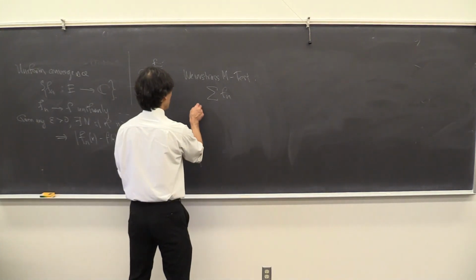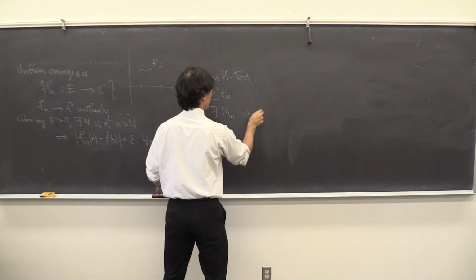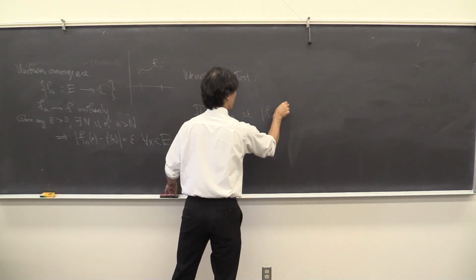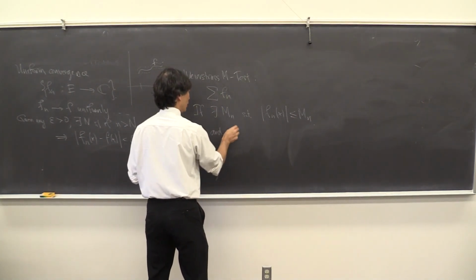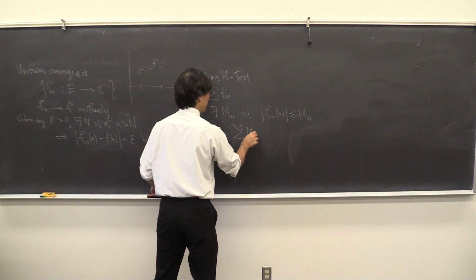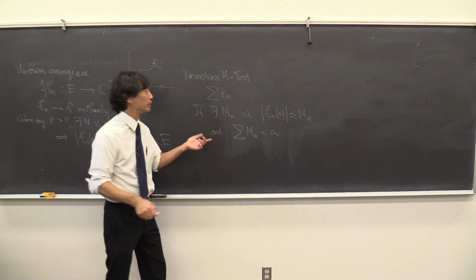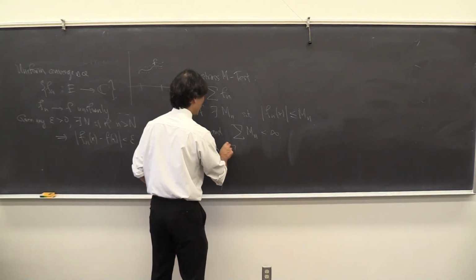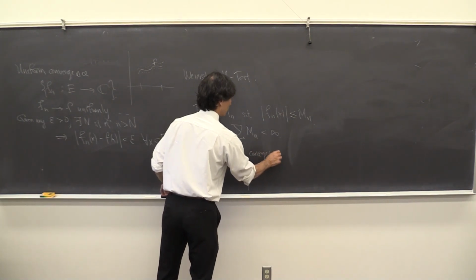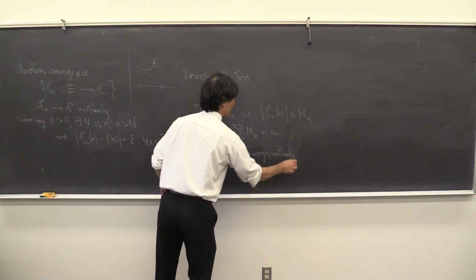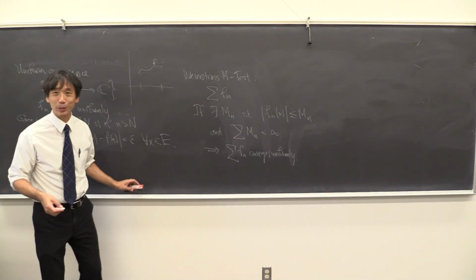If there exist bounds such that each of the functions is bounded by the M sub n's, and these M sub n's converge when you sum the bounds, then you know that the series converges uniformly. I hope you've seen that before. If not, this is it, and we're going to use it.